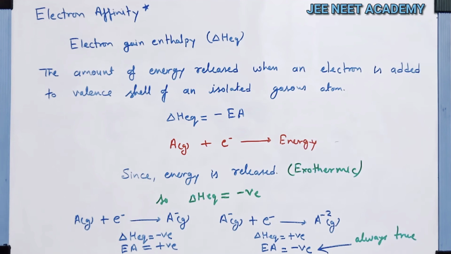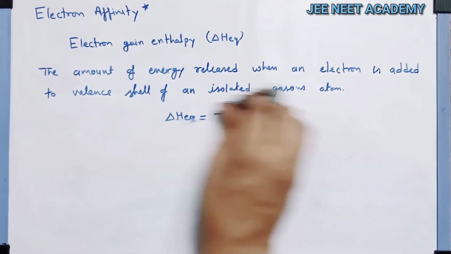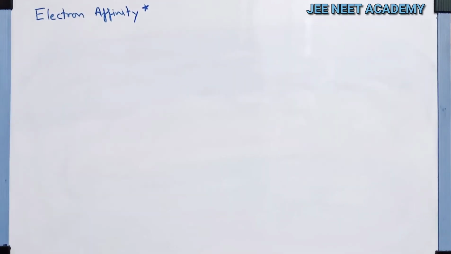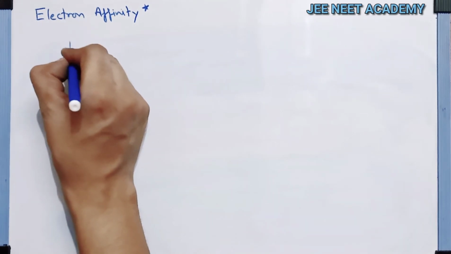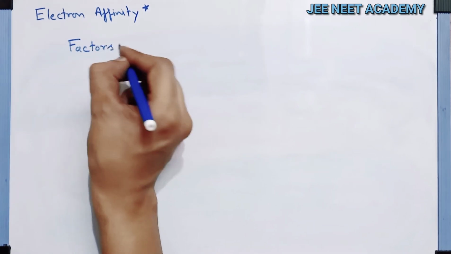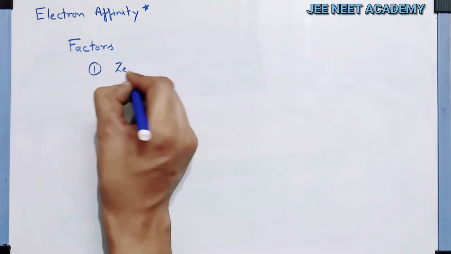Now we will see the factors affecting electron affinity. First one, Z effective.